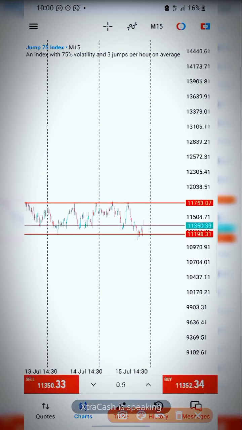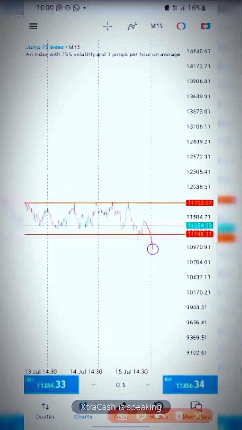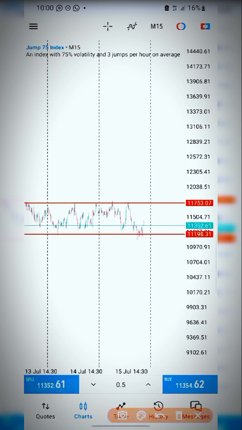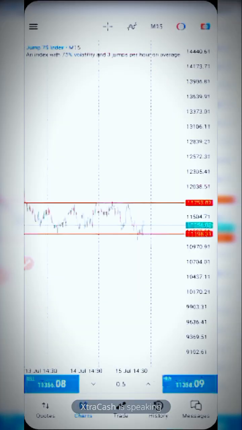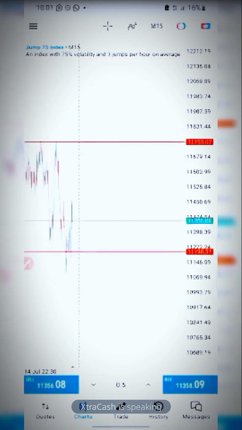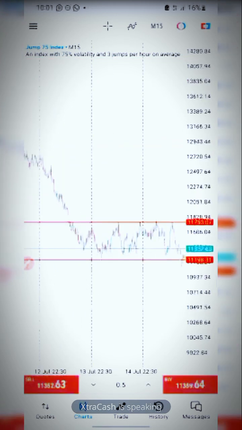In a ranging situation, we wait for the market to break out, test, then we sell, or we wait for a break, test and we buy. If you look at this, the market is moving. So if I talk about a ranging market, this is just a clear example of a ranging market.